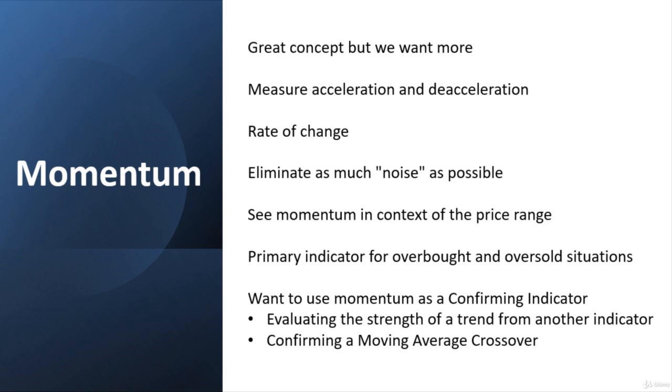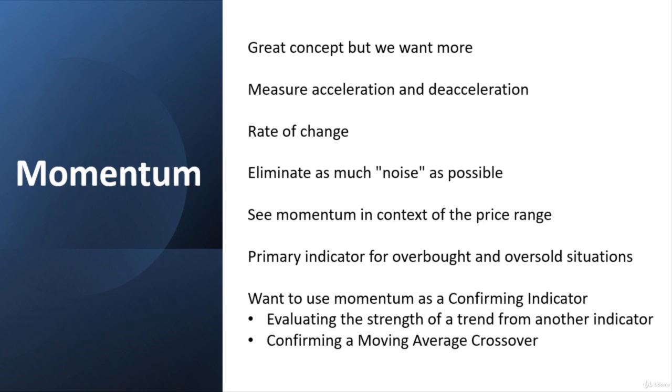Momentum indicators also will eliminate as much noise as possible by looking at those changes. You can see momentum in the context of an overall price range, the highs and lows, what momentum is doing, if our price is accelerating, all that kind of stuff. And it can give you a good indication of whether a security might be in overbought or oversold situations. Overbought is where pretty much everybody who's going to buy it at that price level has, so it might be ripe for it to go backwards or go on a downtrend.